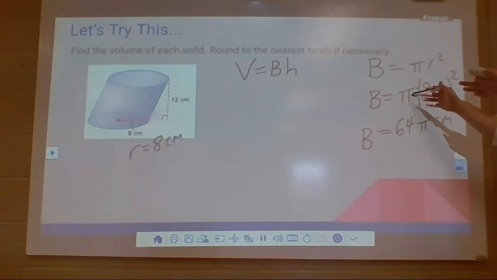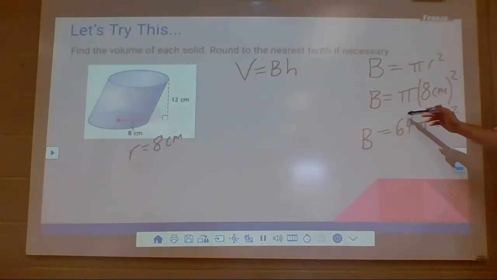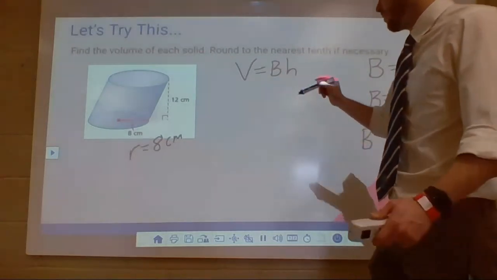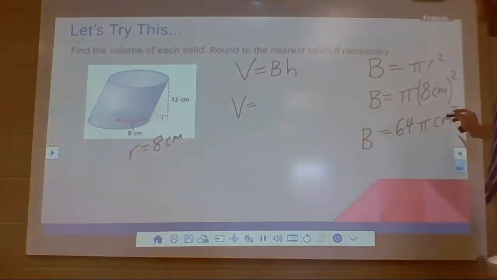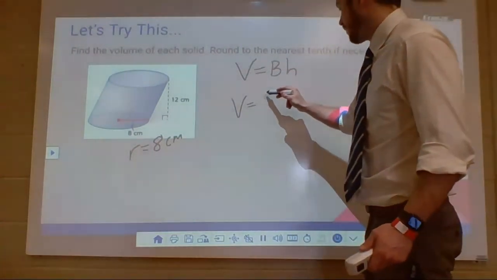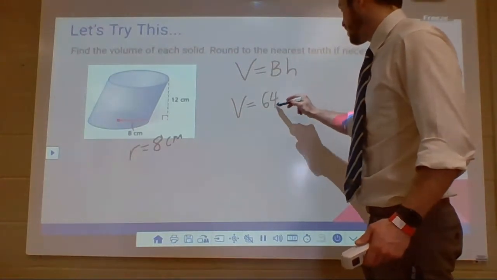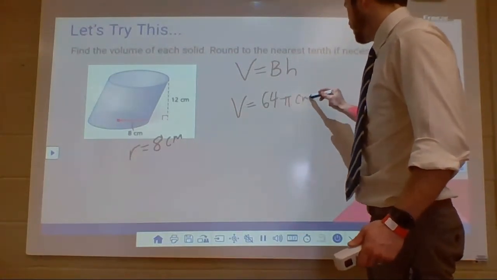You might have thought to write it as pi times 64 centimeters squared. That would be fine, but we just tend to like to write that number first, 64, then pi centimeters squared. That's how you'll tend to see it. So anyway, let's substitute in 64 pi centimeters squared for B, because we found the area of the base.